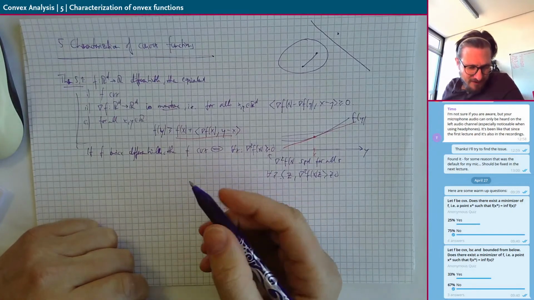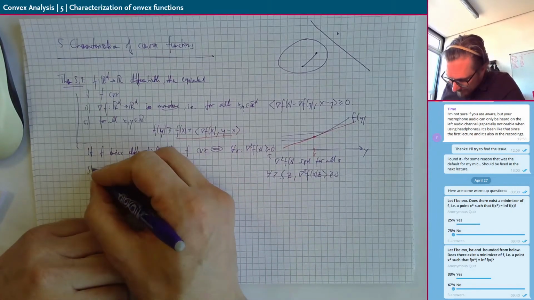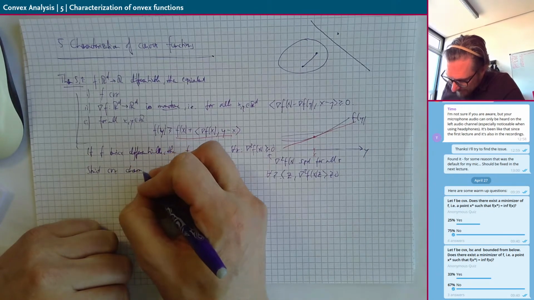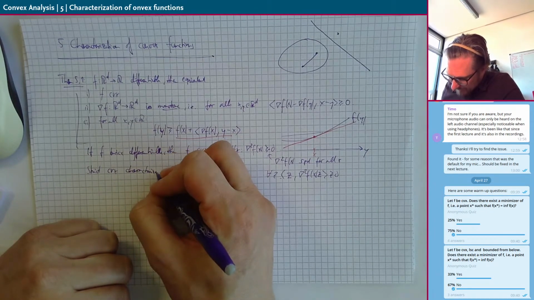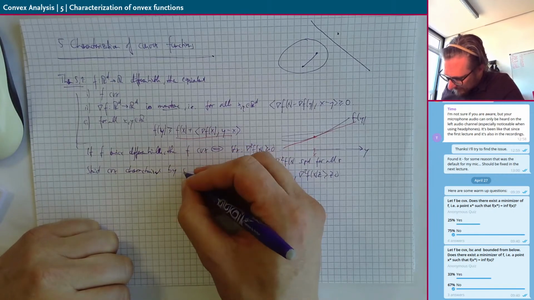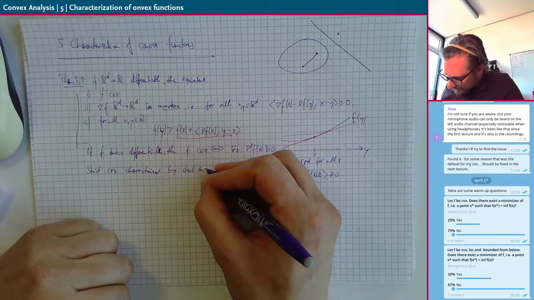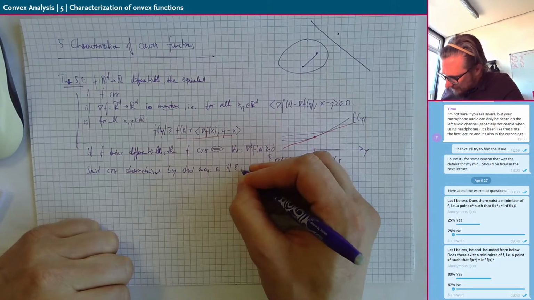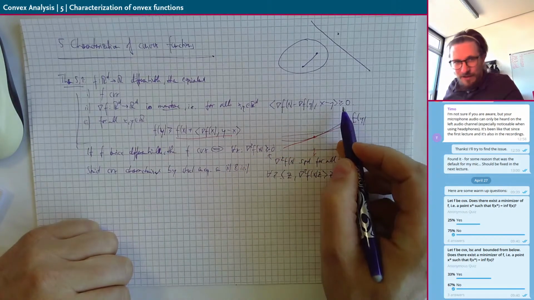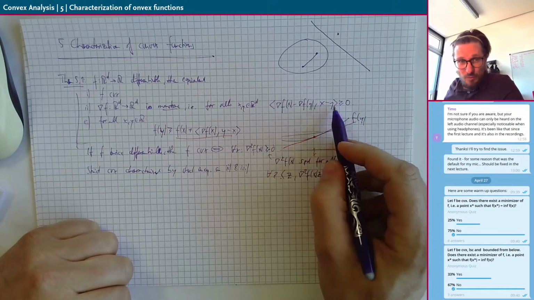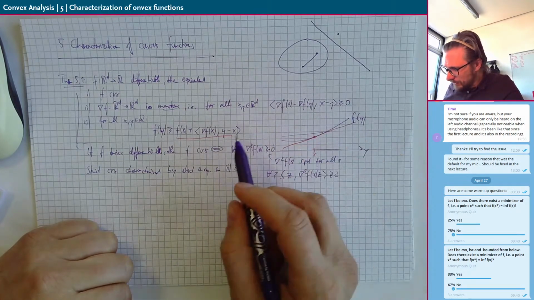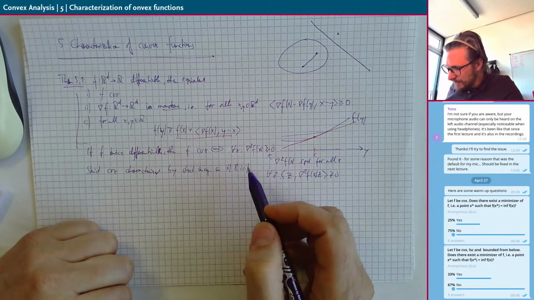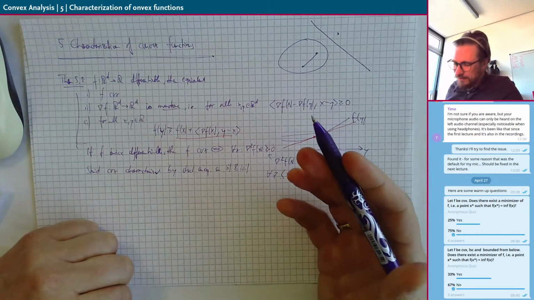What about strict convexity? Strict convexity is characterized by strict inequality in 2 and 3. So if you always have strict inequality as soon as x and y are not the same, then we actually have strict convexity.